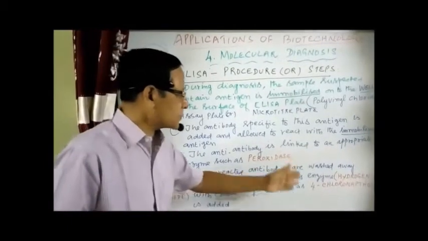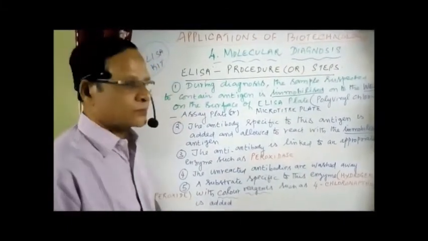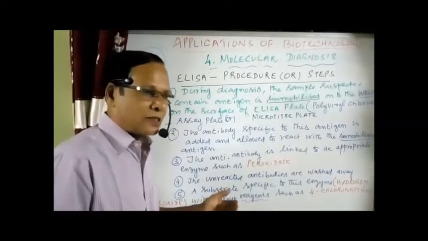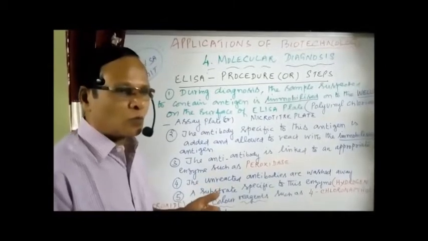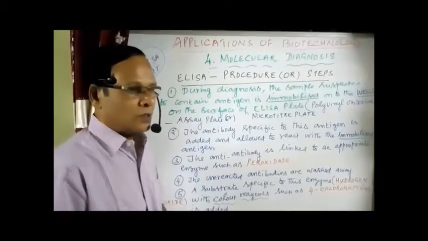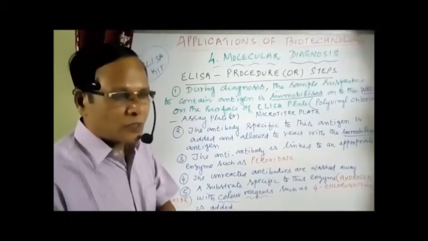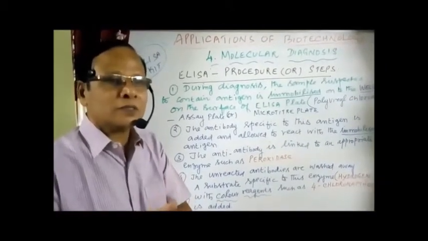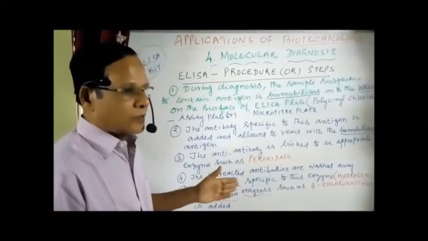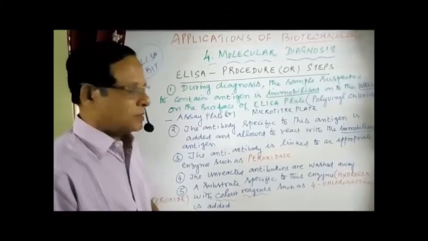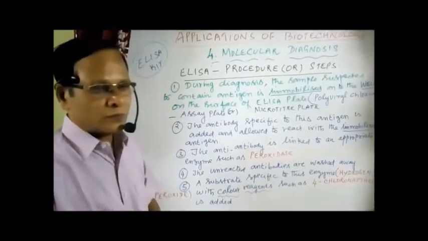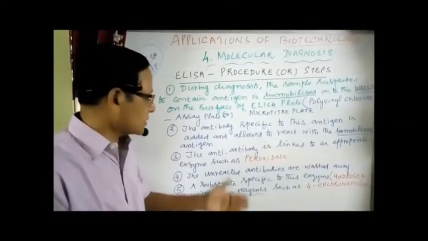So we have to add the substrate in the form of hydrogen peroxide along with some color agents, because the intensity of antigen can be counted only by the amount of color produced. The more the intensity of color, the more the amount of antigen present in the sample. So hydrogen peroxide is the substrate along with some color reagents. The color reagent may be 4-chloronaphthol, which can produce a color. That is called a color agent.